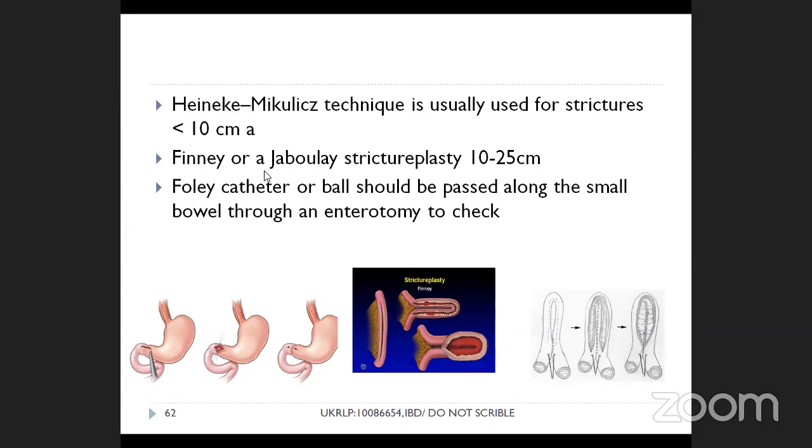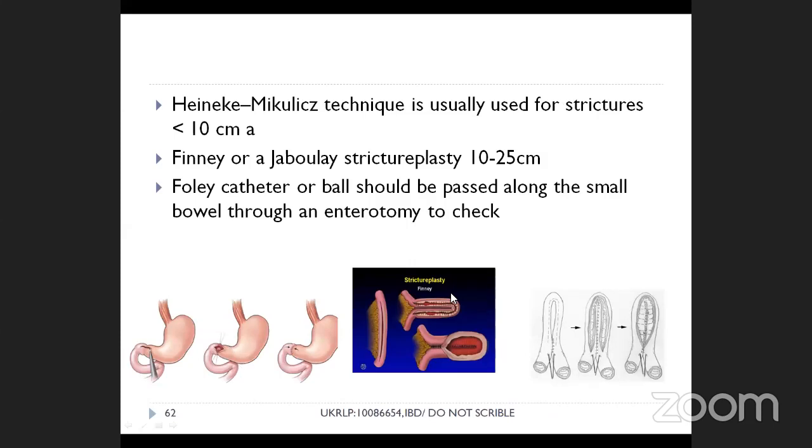We make a longitudinal incision on the intestinal wall and suture it transversely, so that the stricturoplasty is completed and the lumen gets widened.